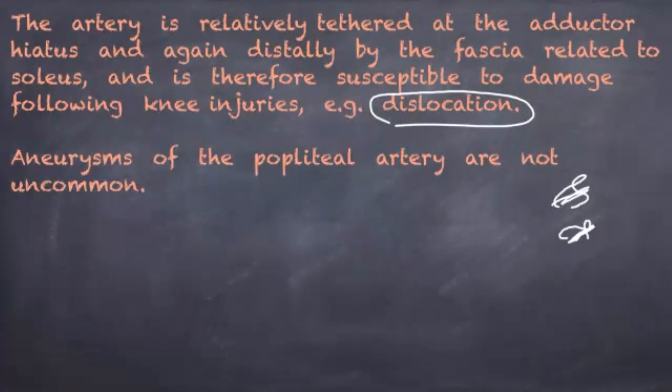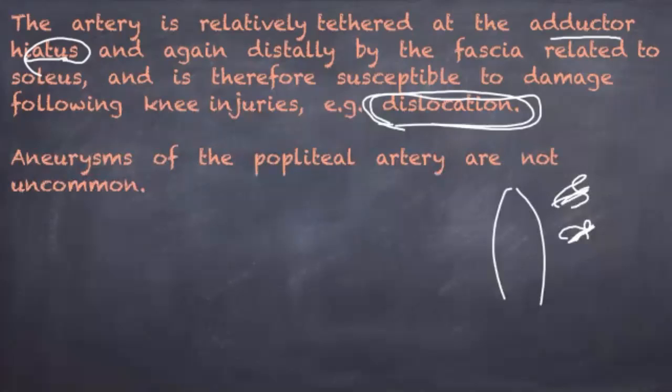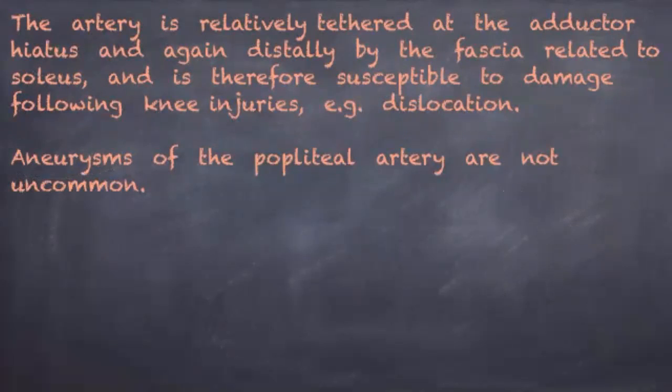It is tethered at the adductor hiatus, where it is vulnerable at the origin, and again at the soleus, in the leg before the bifurcation into the tibial arteries. Aneurysm of the popliteal artery is in fact one of the most common aneurysms.